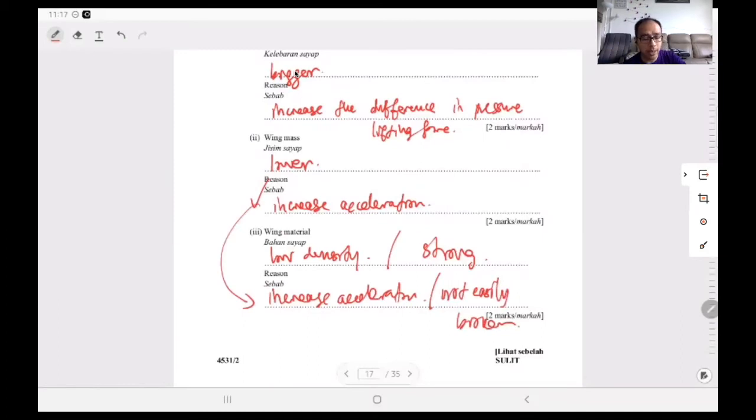Or actually, for low density you can also say light. Low density is always light or less mass. Wow, this is the A plus answer: the mass of the plane will be lower.